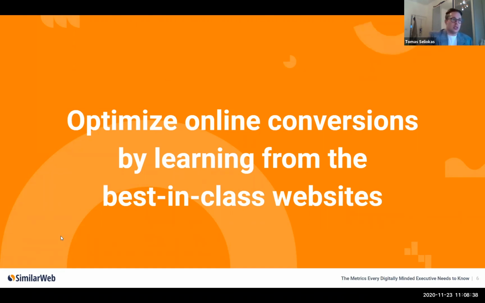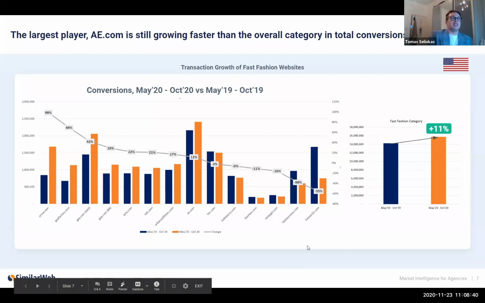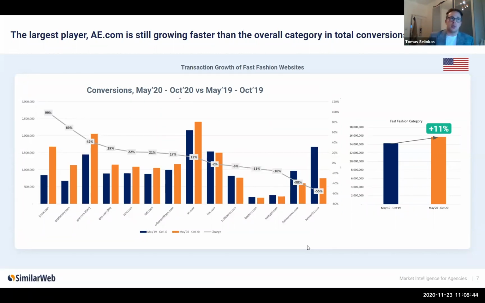So not only knowing what the best websites are, how much they're growing, or how much your competition is growing, but looking at the overall category and how much the category is growing in aggregate. Here, what you can see on the left and right is data for conversions: total conversions for the fast fashion category in the last 6 months compared to the same period a year ago.